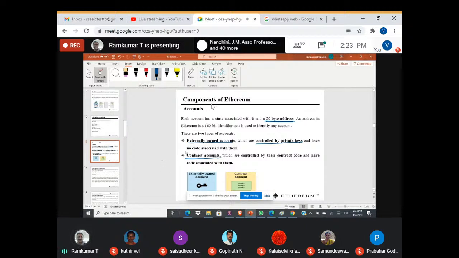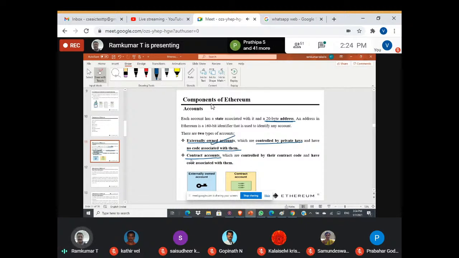And there is no code associated with it. Whenever I'm talking about the externally owned account, there is no code associated with it. Why? Because it's my account, there is no need to have some code on this particular account. So this is what we call an externally owned account.